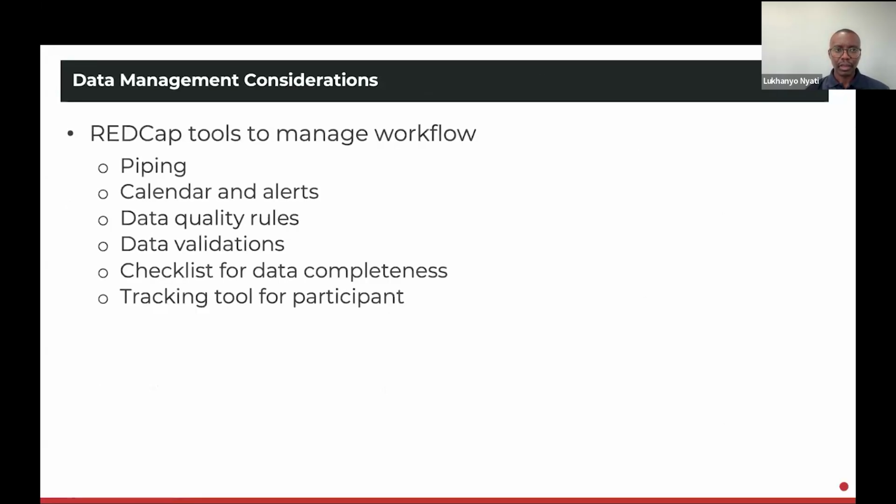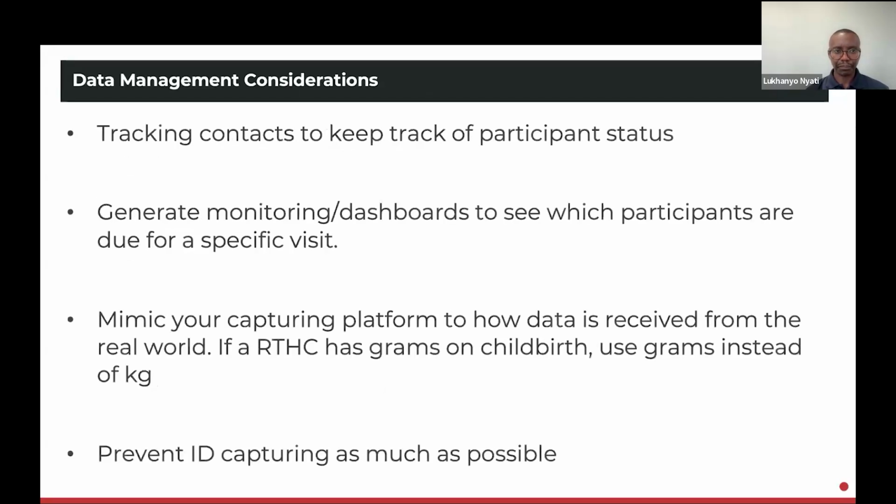Some of the tools that you can apply in RedCap include piping, the calendar function, and you're able to generate alerts, data quality rules, data validations, checklists for data completeness, and the tracking tool to track where participants are.